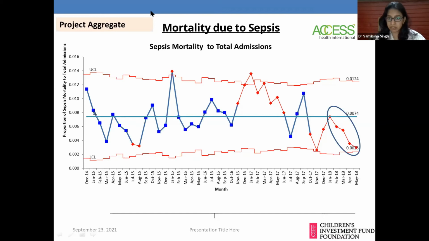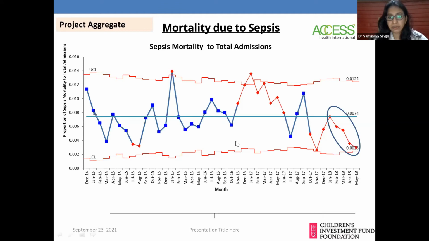Out of total admissions, how many children died due to sepsis? That was the indicator they calculated. The denominator is total admissions and deaths due to sepsis is the numerator. Based on that, they calculated the indicator and then plotted it. That is the proportion they have calculated.